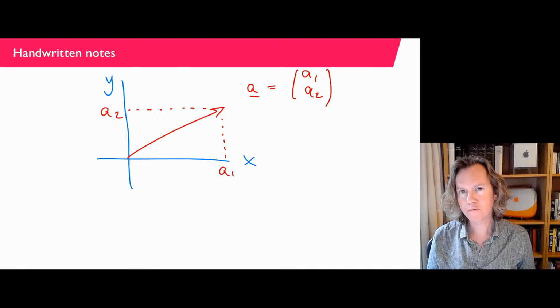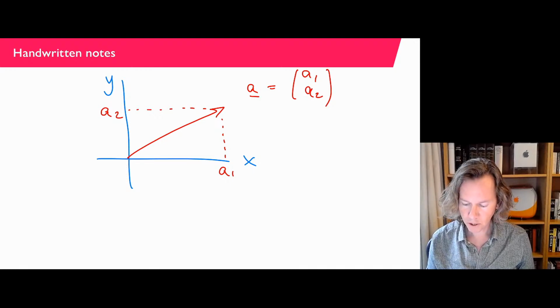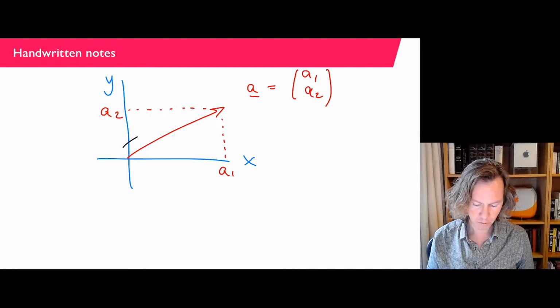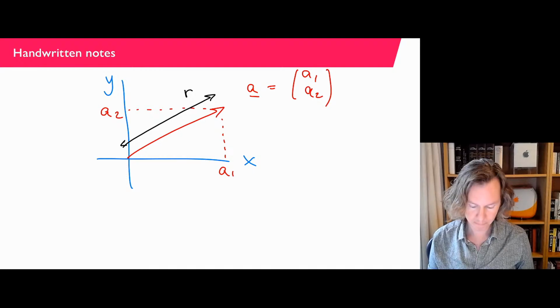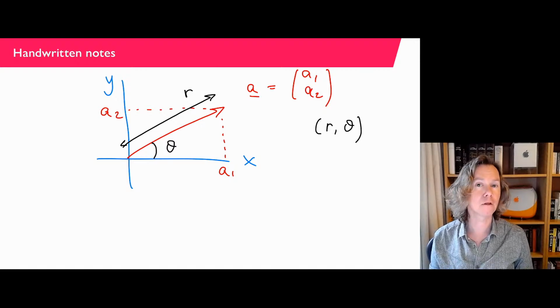But alternatively, let's pick black here, that's clear, you can say, well, I know this length here, and this length I call little r, and then the angle with the positive horizontal axis I call theta. Then you could also give A by specifying r and theta. And r and theta are the polar coordinates.